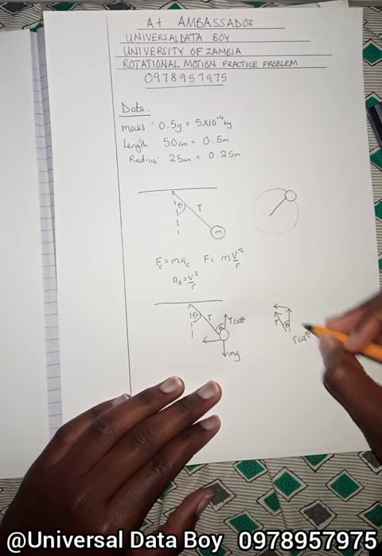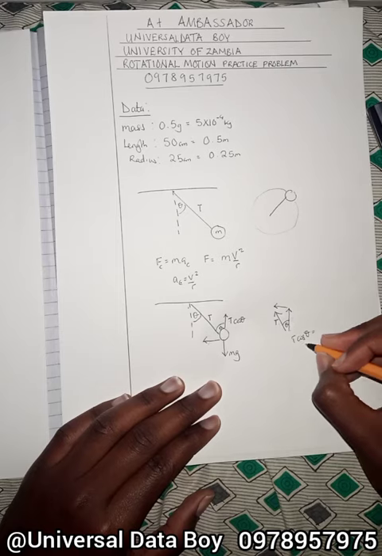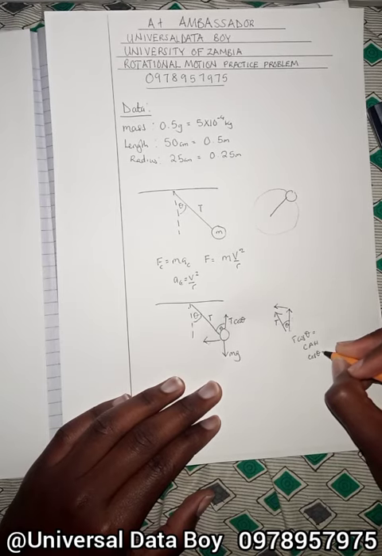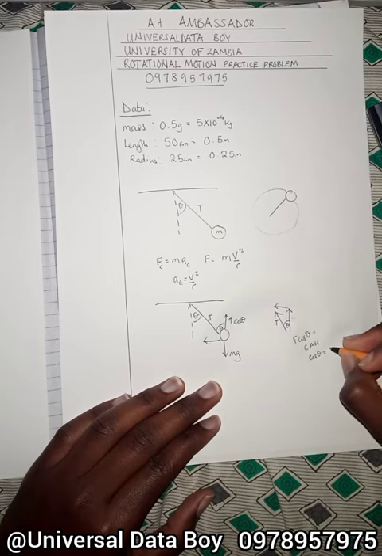Since this one is adjacent to this one, we know from SOH CAH TOA that cos theta is equal to the adjacent over the hypotenuse, which is T.